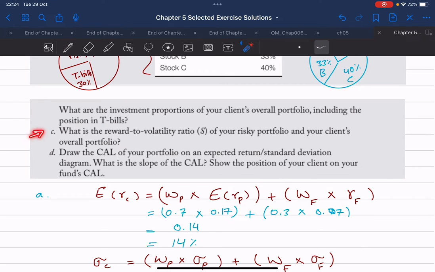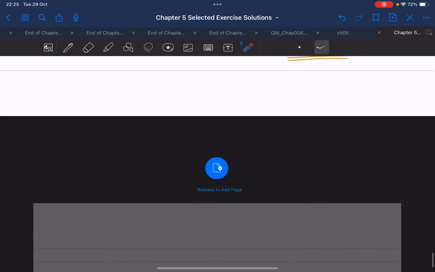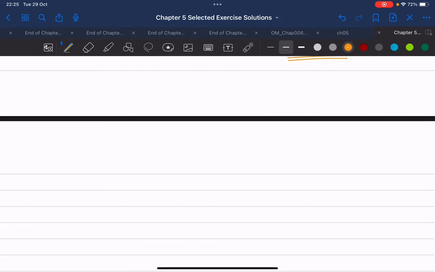Here, C, what is the reward to volatility ratio, Sharpe ratio, of your risky portfolio and your client's overall portfolio? Now, this should be easy. In order to calculate Sharpe ratio for any investment, we need to know its risk premium and the standard deviation of the portfolio's excess return. So let me first write down the formula, and then we will substitute and figure out our answers.